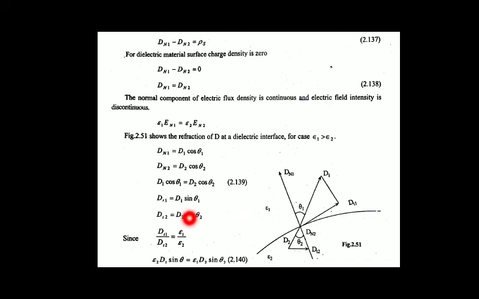So from the ratio and from equation 2.139 we get D1 sin θ1 over ε1 equals D2 sin θ2 over ε2. Dividing the two equations, 2.140 by 2.139, we get sin θ1 divided by sin θ2 equals ε1 divided by ε2.